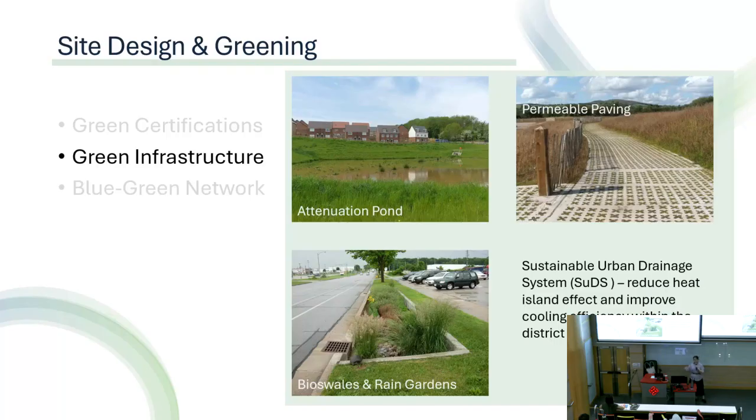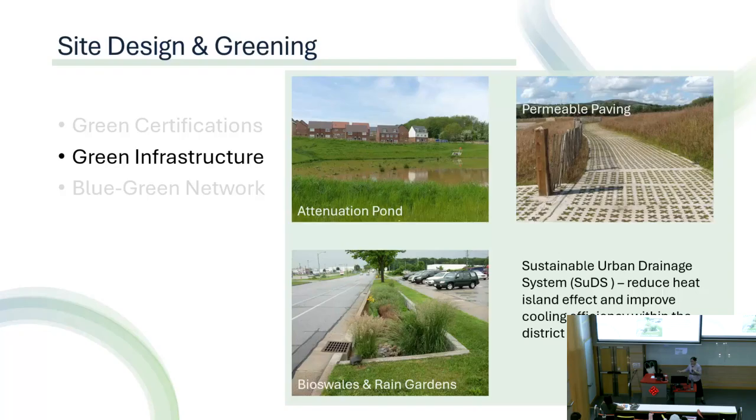For example, attenuation ponds or bioswales are ways in which we can collect the rainfall and let it slowly seep back into the underground water to lessen the impact. And then you've got permeable paving as well. In Poly, I think, you actually had eco bricks that help with the permeable paving, with seepage back into the groundwater.